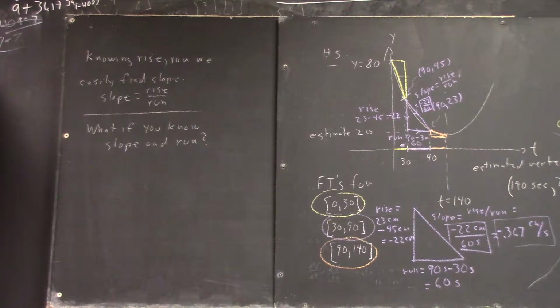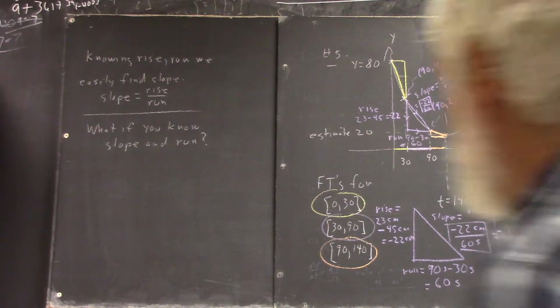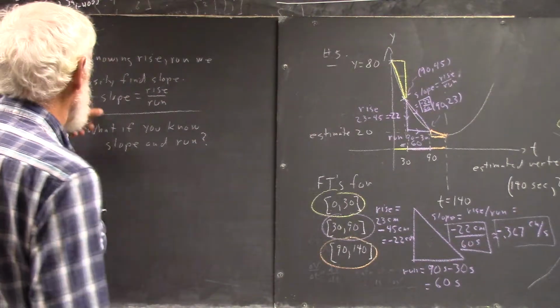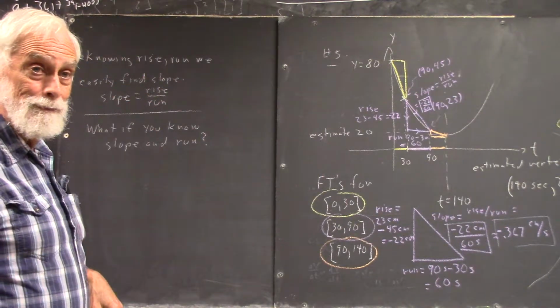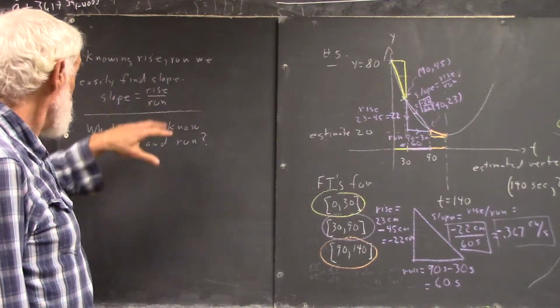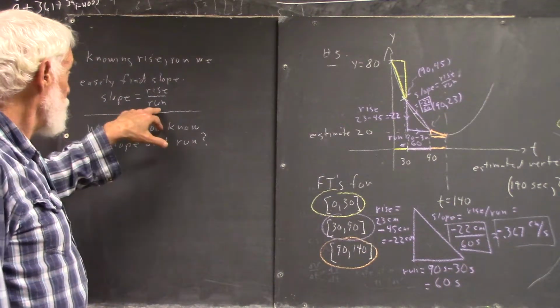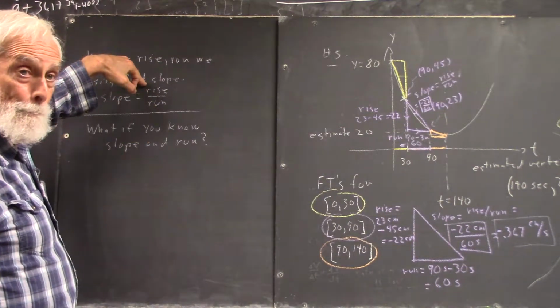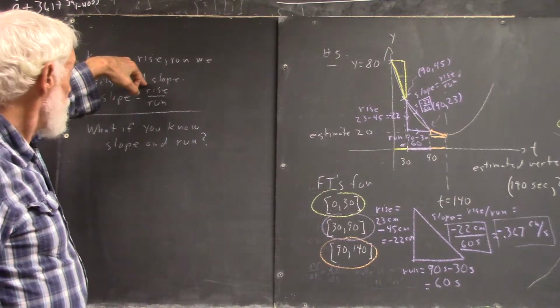You need to find the rise. How are you going to find that? You know this, right? This is always so. And if you know this one and this one, how do you find this one? Multiply slope and run.